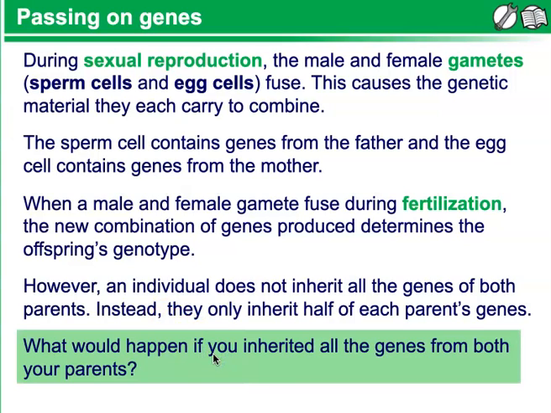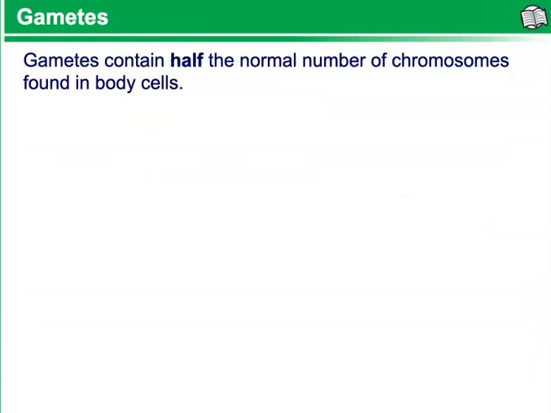So what would happen if you inherited all of the genes from both of your parents? If the male and female gametes contained all of the genes from both parents, the offspring would have double the normal number of chromosomes and genes. Gametes.